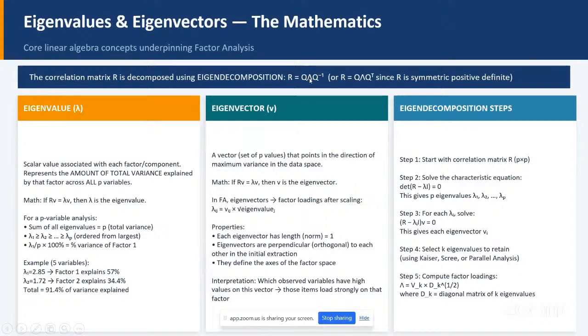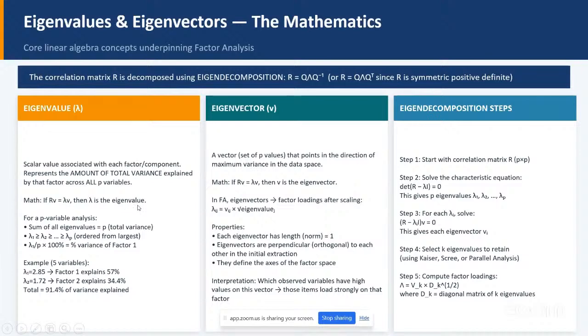This matrix should also be positive definite, which determines the nature of R. So the eigenvalue is lambda here. I'm just going through it quickly. What is the mathematical definition? That is RV equals lambda V, where V is the eigenvector, and lambda is the eigenvalue.